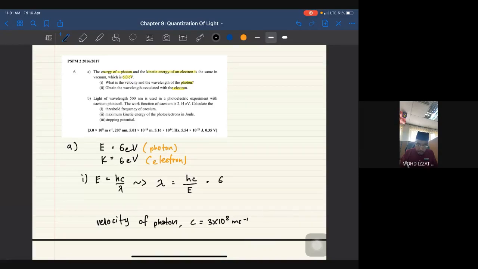SI unit. So 6.63 times 10 negative 34 multiply with 3 times 10 to the power of 8. The energy is given, which is 6, but this one is in eV. Have to convert to joule, which is 1.6 times 10 negative 19. When we do that, you get lambda to be equals to 207.19 nanometer.